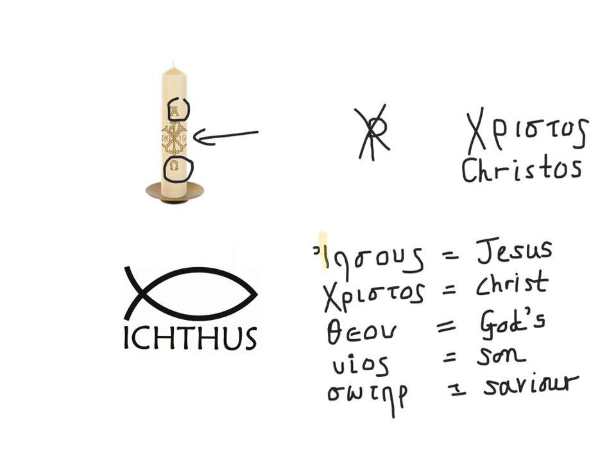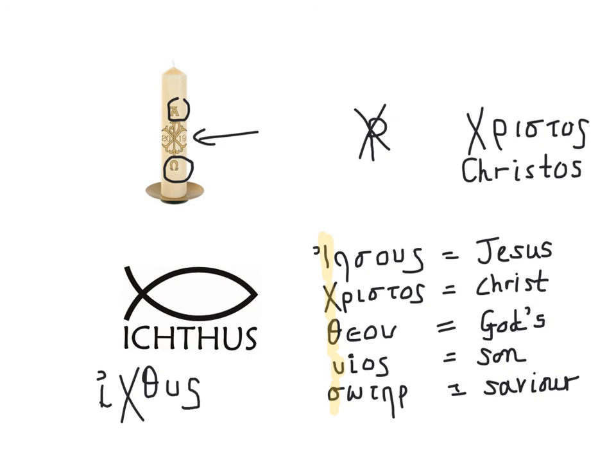So if you take the initial iota of Iesus and the chi of Christos, the theta of Theou, the upsilon of Huios, and the sigma of Soter, and you put them beside each other, iota, give it a breathing, chi, theta, upsilon, and a sigma, and this time I'm going to use the final sigma because it's the end of the word.